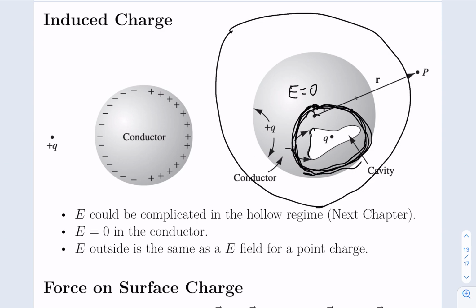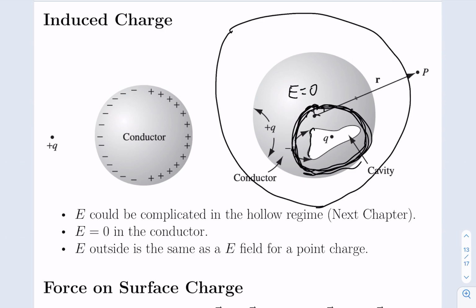Now the magic is that if we do a Gaussian integration with a spherical Gaussian surface and calculate the electric field outside, the electric field must not depend on how this hollow looks.